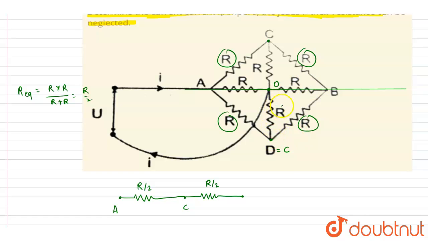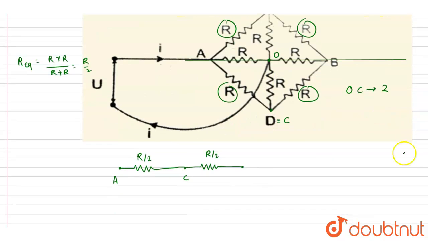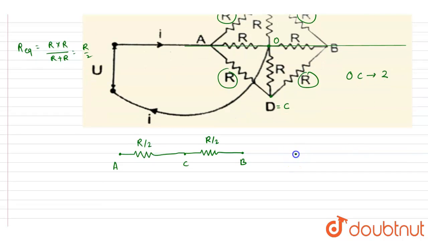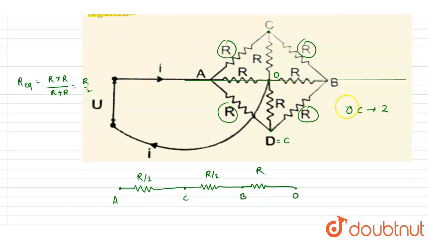So if you see between O and C, there are two resistances. If I say this is point B, and this is the point O, there is one resistance between B and O, that is of R, and between O and C there is a resistance R by 2.